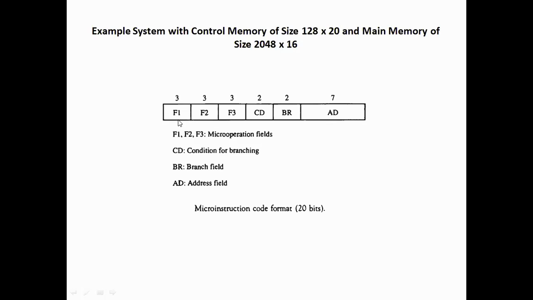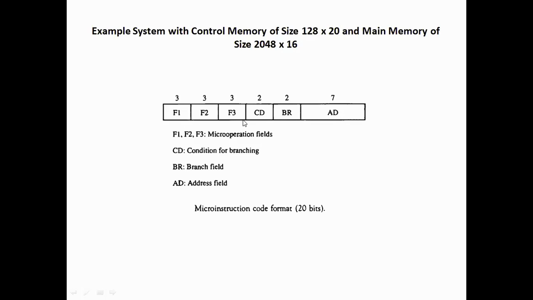And this micro instruction contains 6 parts. Right? This is a general format of a micro instruction. It contains 6 parts. One part is the address. This address obviously will be of control memory. The control memory is 128 rows, that means 2 raised to the power 7. That is, 7 bits of address will be there. Right? So this is a 7 bit address. And the remaining is distributed like this. There are 3 functions. Fine.